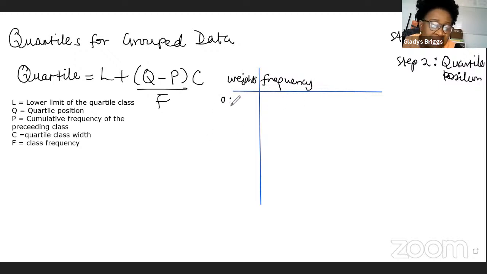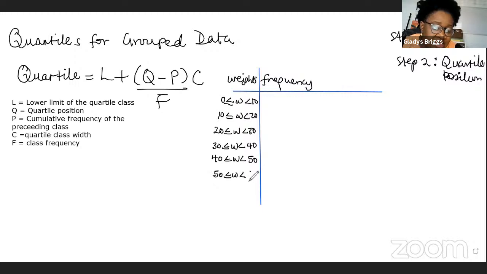Here you have 0 is less than or equal to W is less than 10, 10 is less than or equal to W is less than 20, 20 is less than or equal to W is less than 30, 30 is less than or equal to W is less than 40, 50 less than or equal to W is less than 60, 60 is less than or equal to W is less than 70.